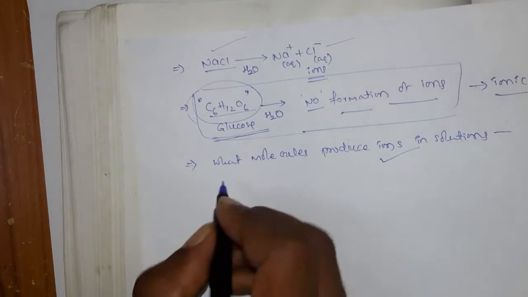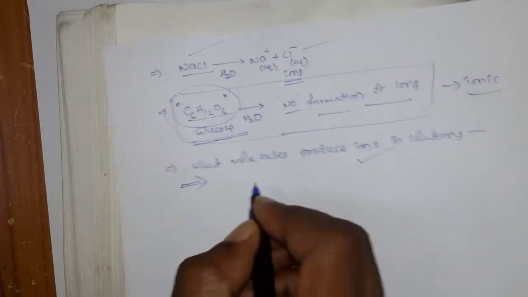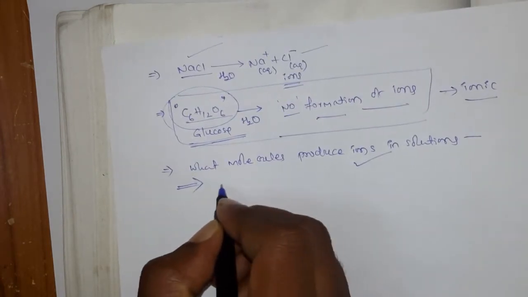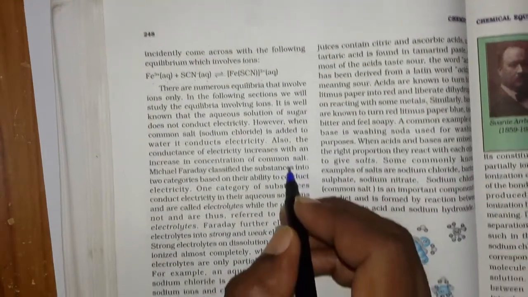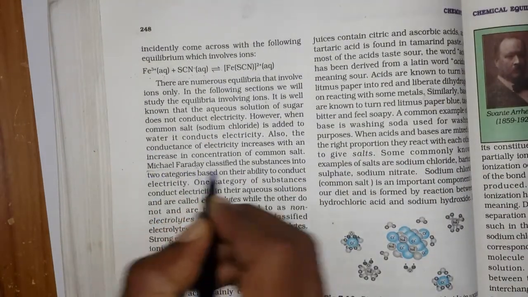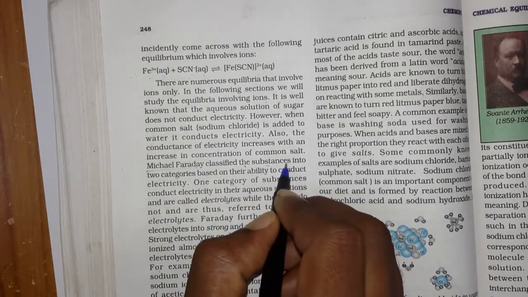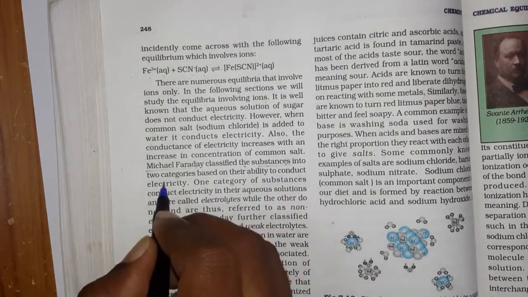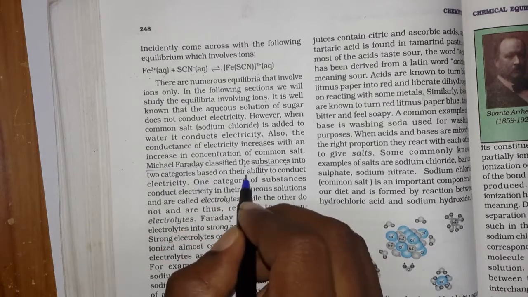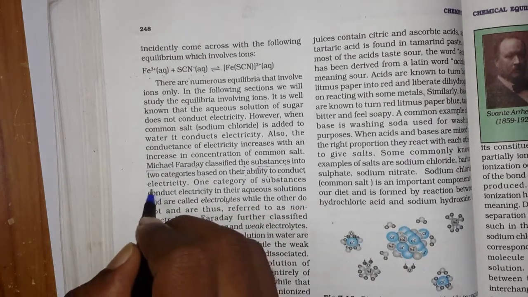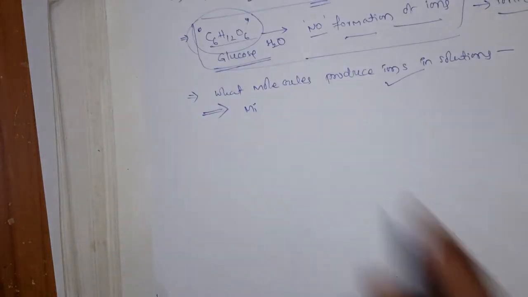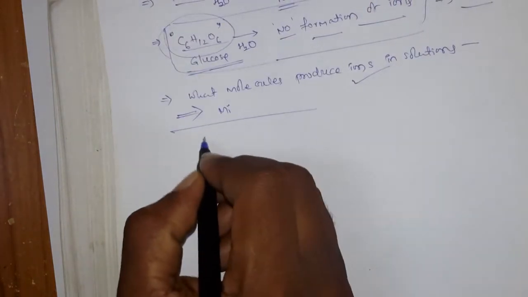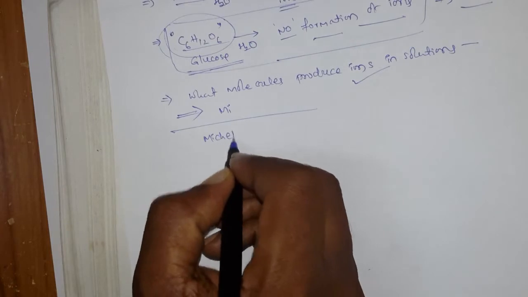Okay, so to know these, there is a very famous scientist, Michael Faraday. Michael Faraday classified the substances, compounds, into two categories based on their ability to conduct electricity. Okay, so that is very simple to understand.